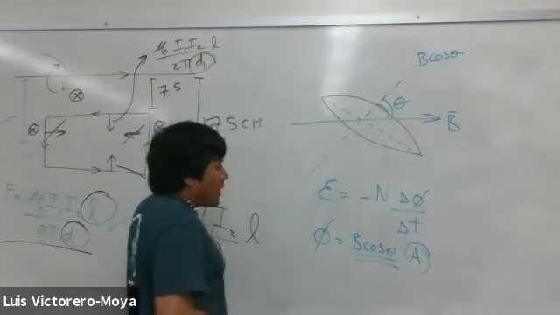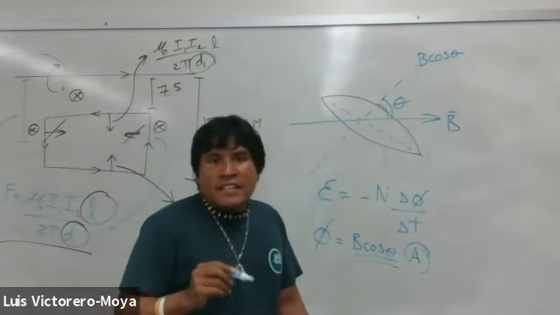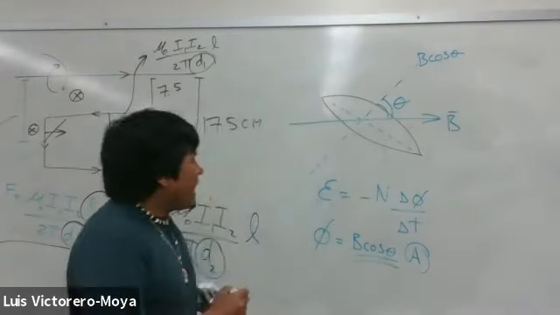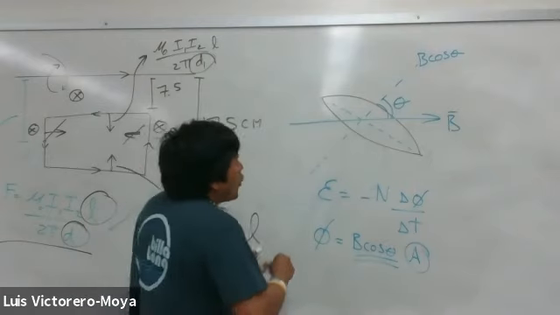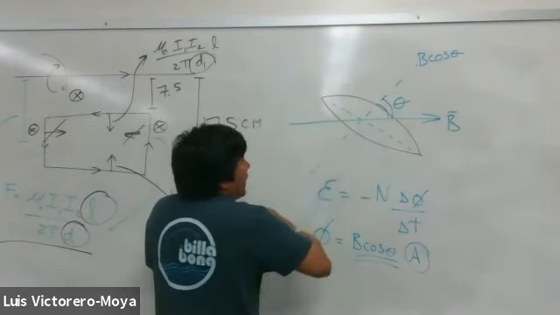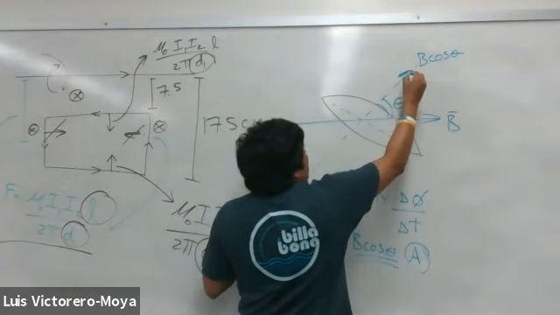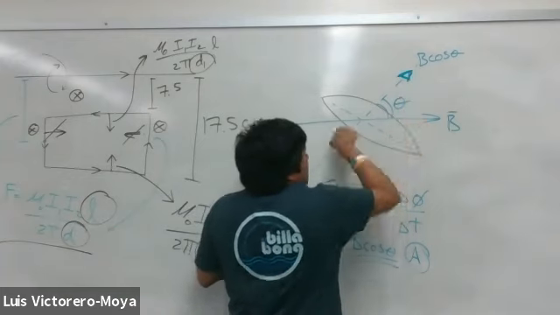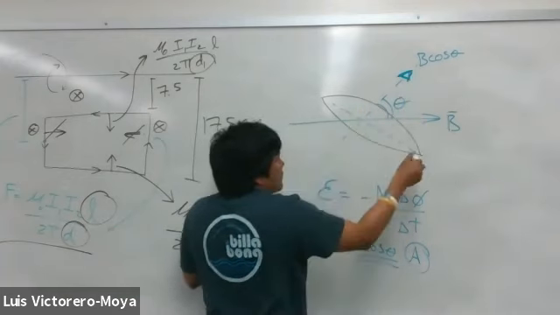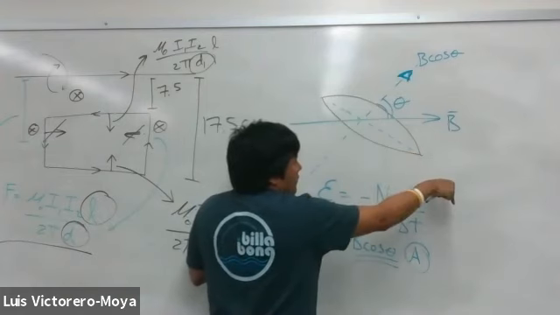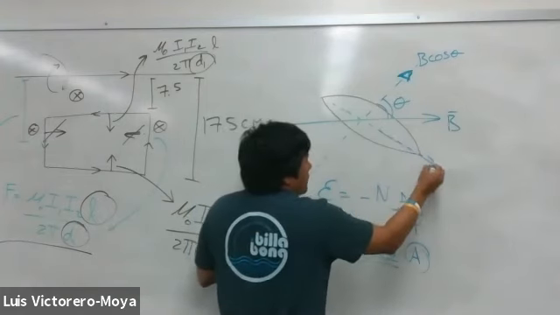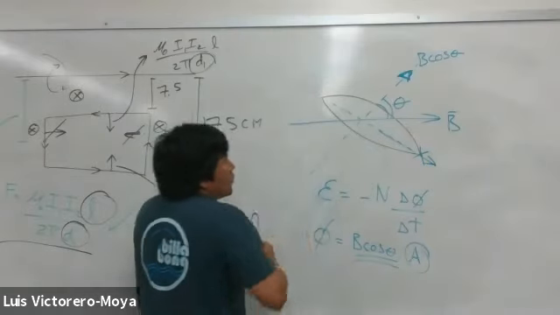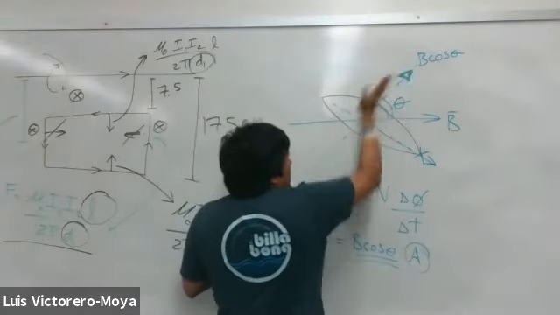This changed because of the B. B was decreasing from 1.5 to 0.5. In any way, the B that is causing the flux is going like this. The parallel one, this one here, there is also one going like this. It's irrelevant. So the flux going like this is decreasing.